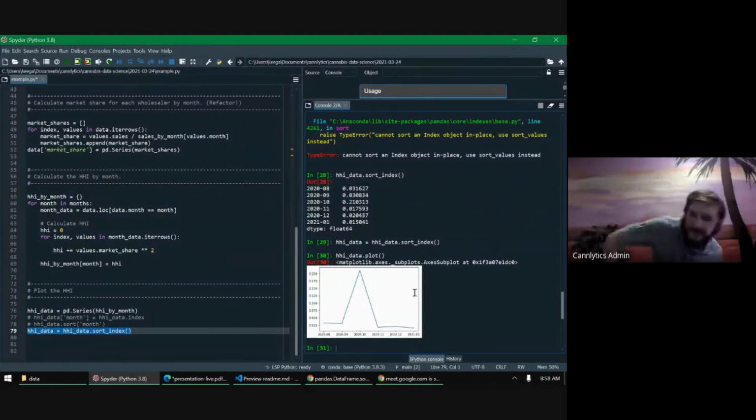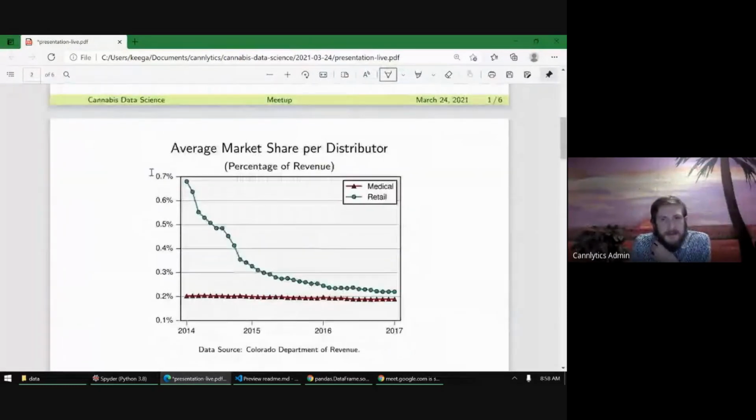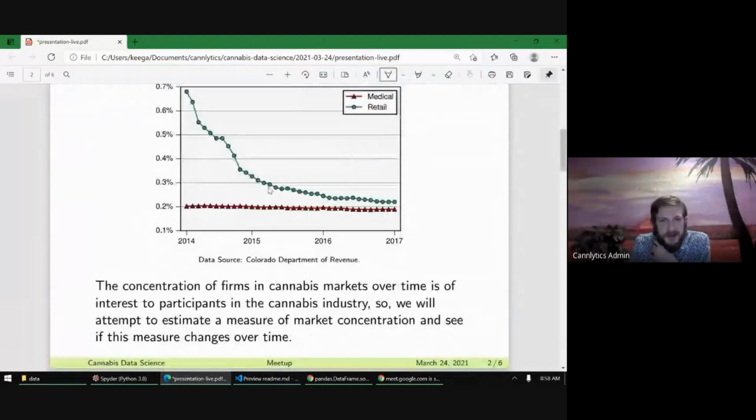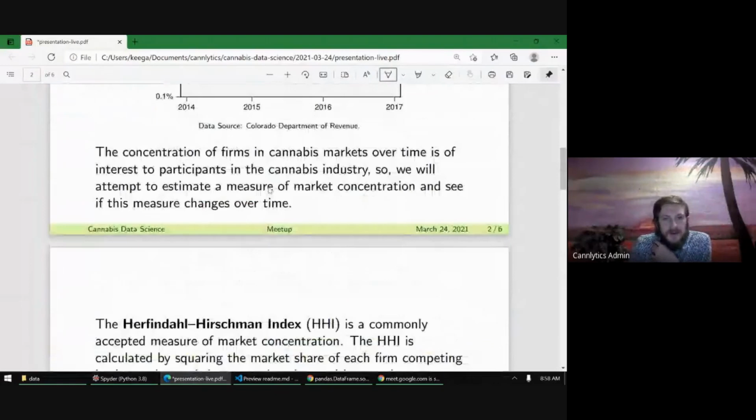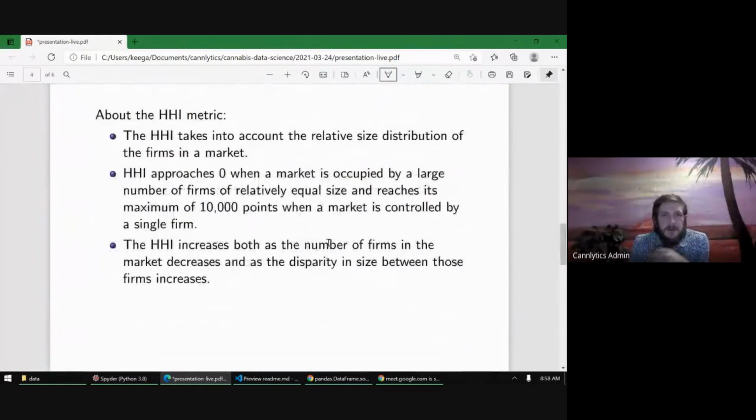And just to polish this off in the last 2 minutes here, in 30 minutes, we have discussed market share. We've introduced the Herfindahl-Hirschman Index, which is a common measure of market concentration. We've discussed what the HHI is and how low values represent competitive markets and high values represent less competitive markets.